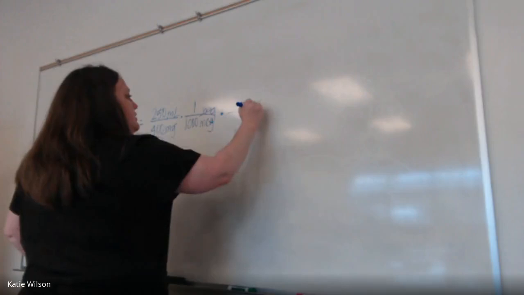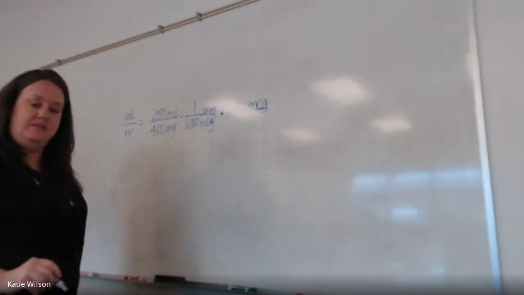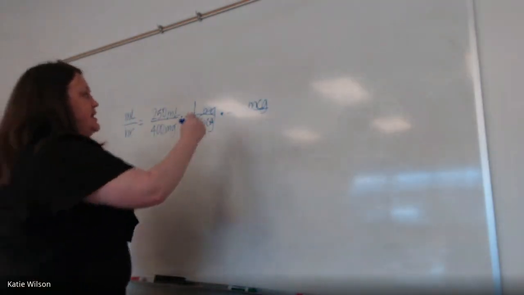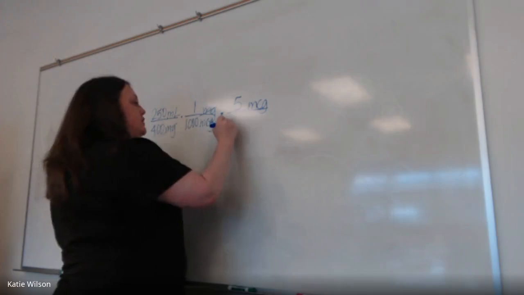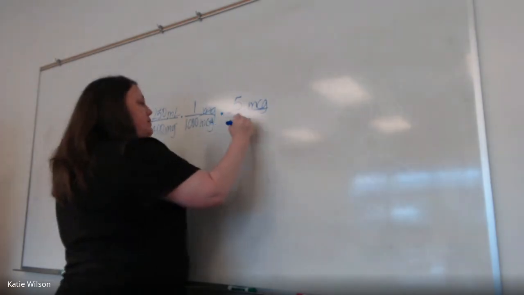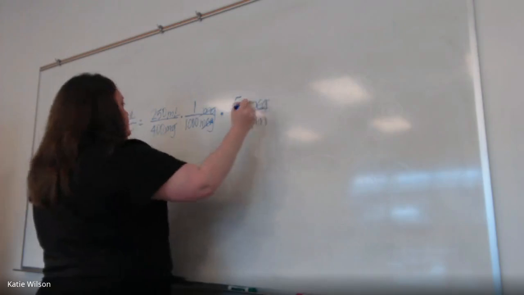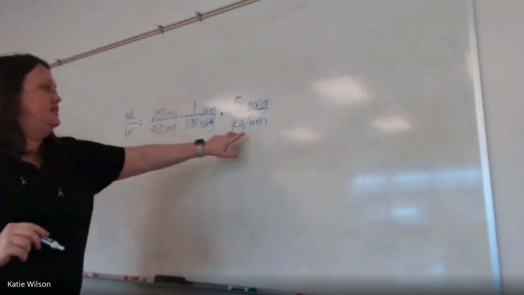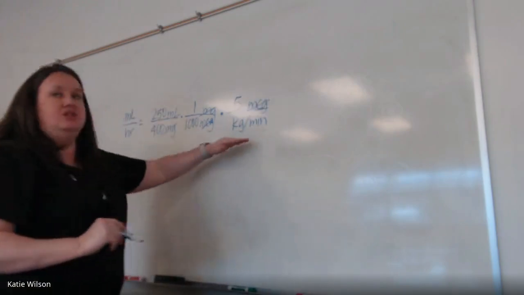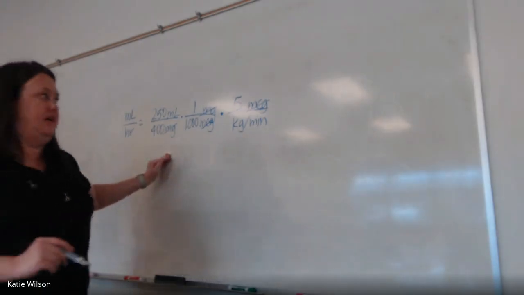So now I can work with that microgram, and our beginning is 5 micrograms over a kilogram per minute, right? So I've got mils on top, kilograms and minutes on bottom. So this should look familiar to you because we've been doing that all day.